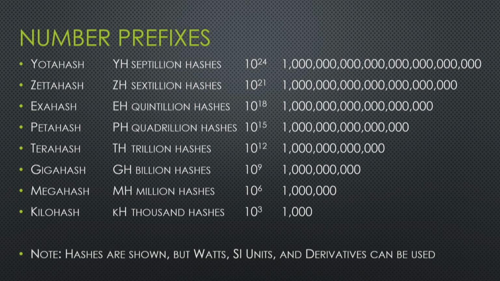Typically a miner would consume in the order of magnitude of a kilowatt, 10 to the 3 watts, whereas the hash rate on the Bitcoin network today is in the order of the exahash, so 10 to the 18 hashes, about 80 exahashes these past couple days. And theoretically, you could go even higher into the zetta or yotta hash magnitudes.